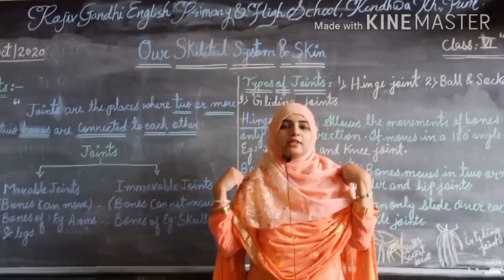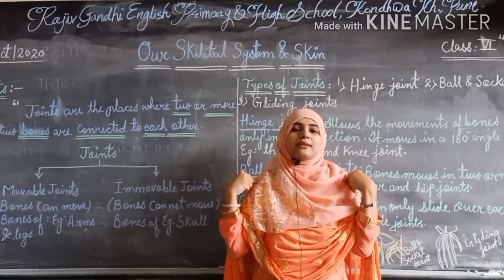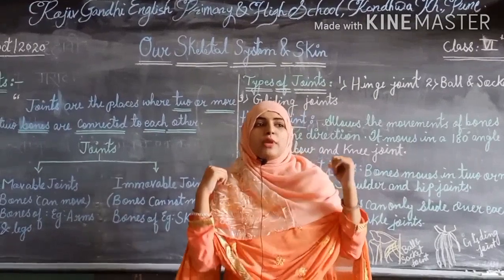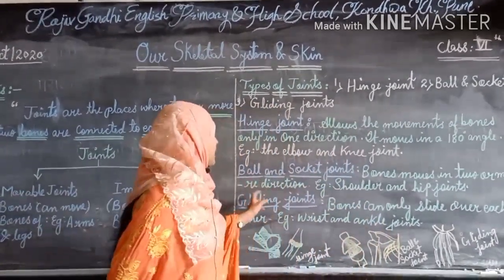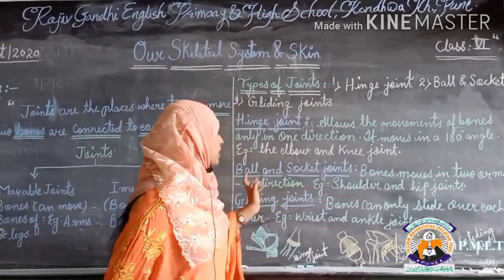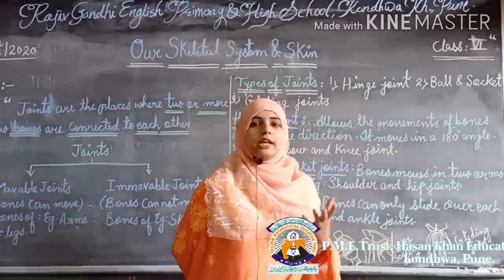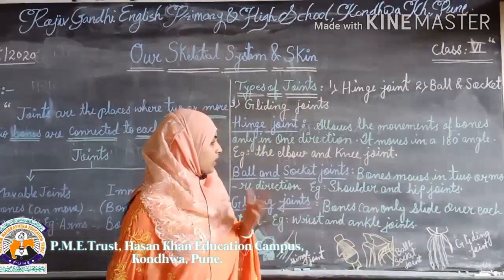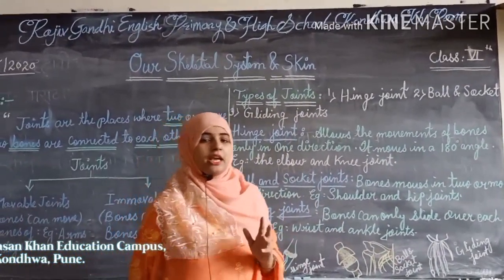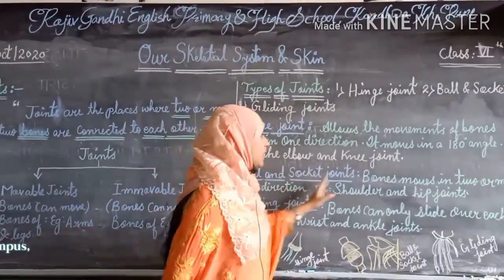So that means it is known as a ball and socket joint, which is present in the shoulder and the hip region, and it moves through 360 degrees. Okay, now this is a ball and socket joint.